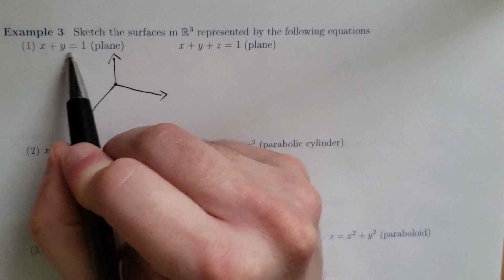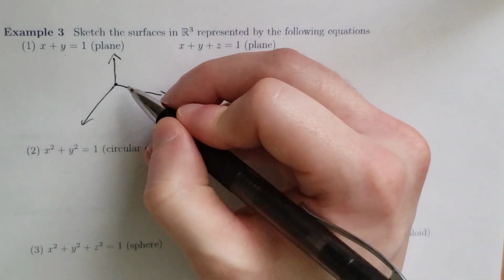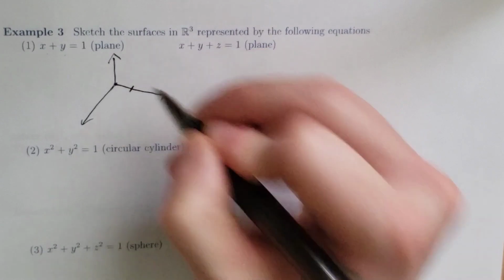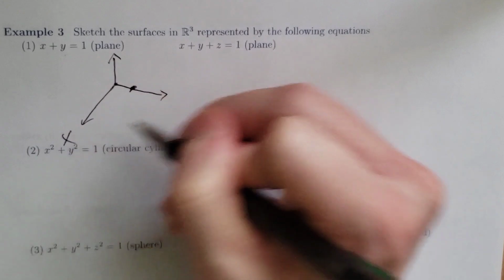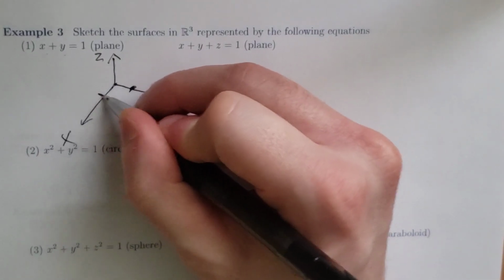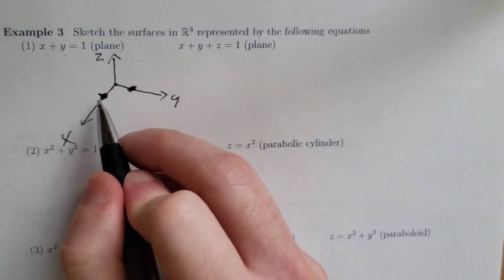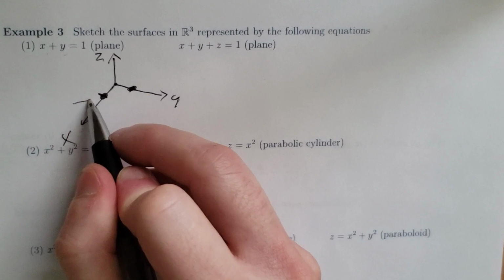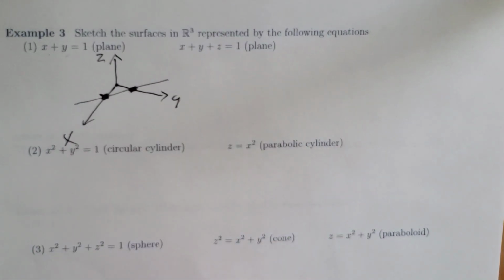So x plus y is equal to 1. So let's suppose that x was 0. If x was 0, then y was 1. Well, if y is 0, then x is 1. And we have that point. So we have the x plus y equals 1 line.